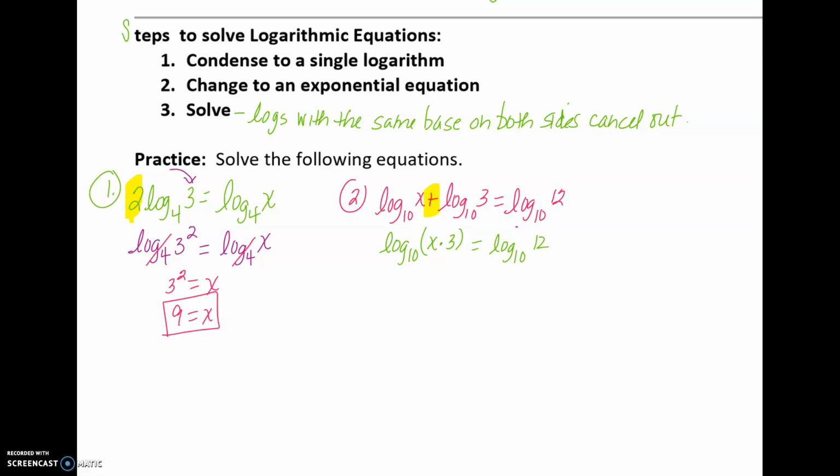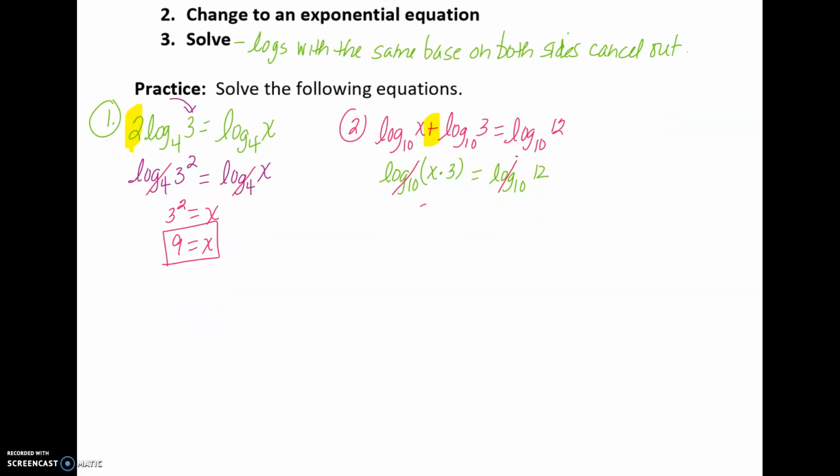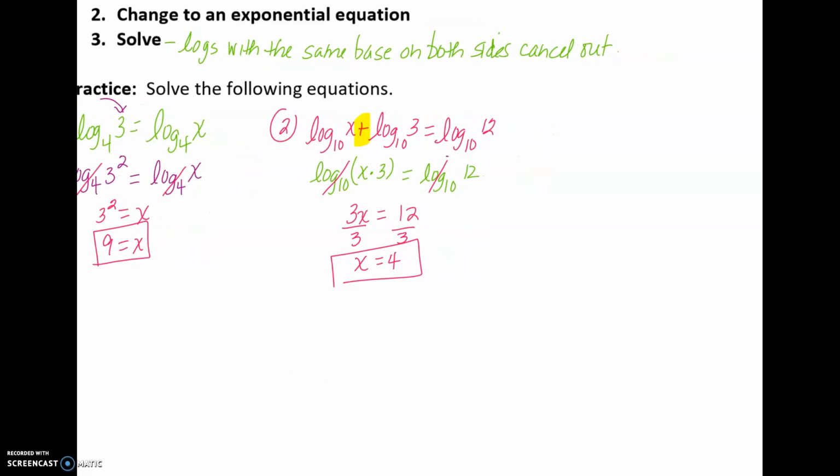So I have the same log with the same base. So this is x times 3, but we usually write the 3 first. So 3 times x equals 12. And to solve for x, I divide by 3, and x equals 4. Not so bad. All right, number 3.